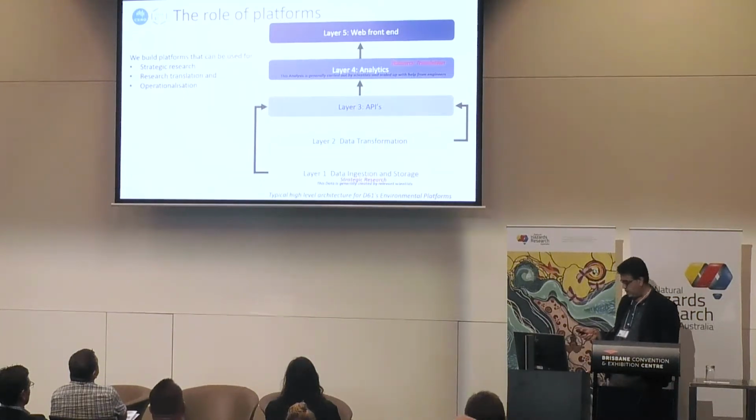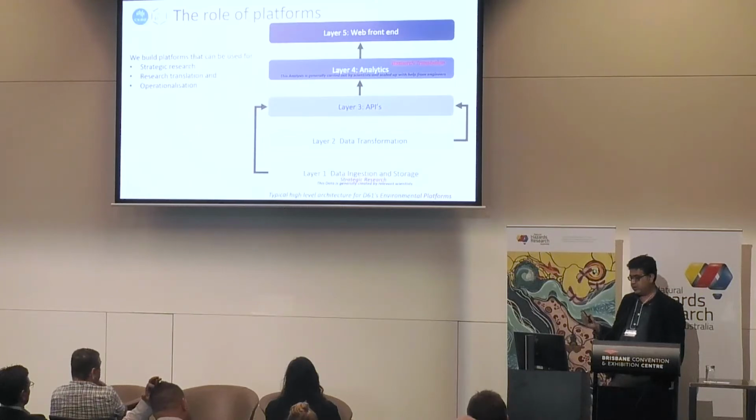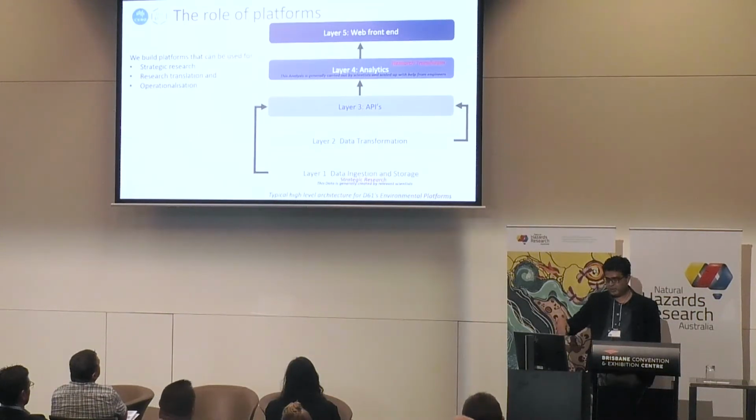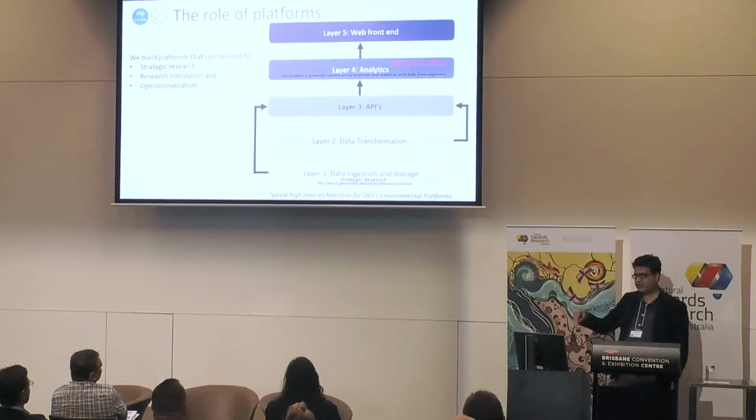Okay, so this is a typical very high-level architecture for the environmental platforms that we are building. Layer 1 there is essentially ingesting and storing the data that is typically created by the strategic research that gets done in this space. There are actually layers below that which I'm not talking about, otherwise it'll become too complicated.